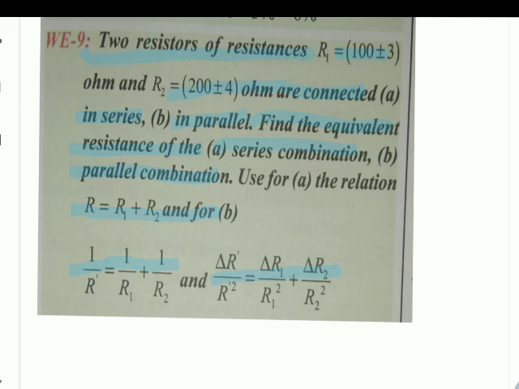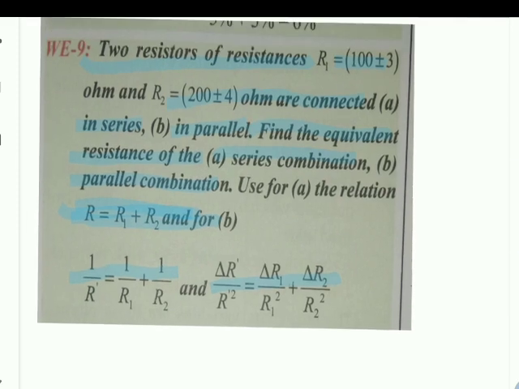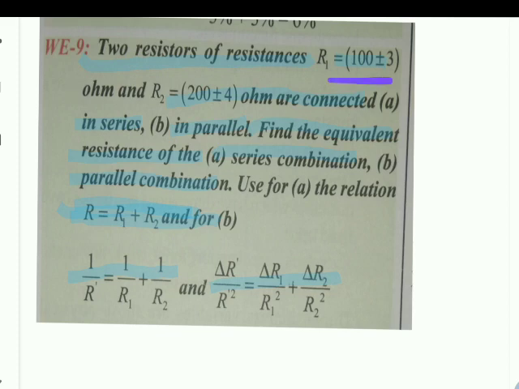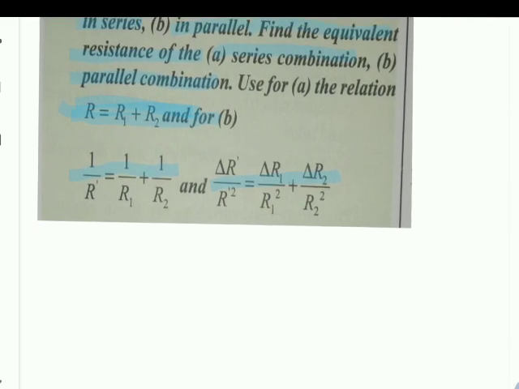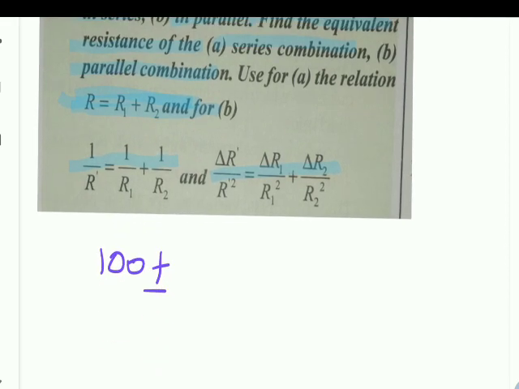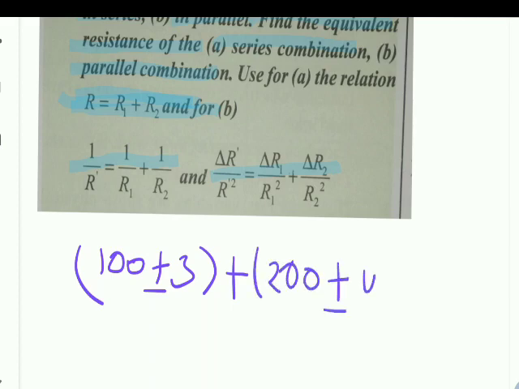So first one is given: R is equal to R1 plus R2. So first R1 is 100 plus or minus 3, R2 is 200 plus or minus 4.